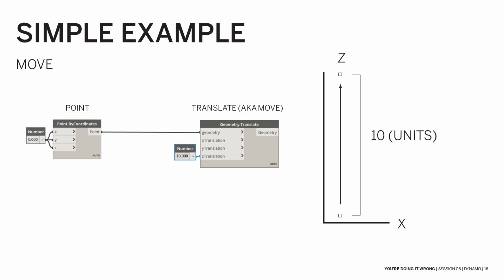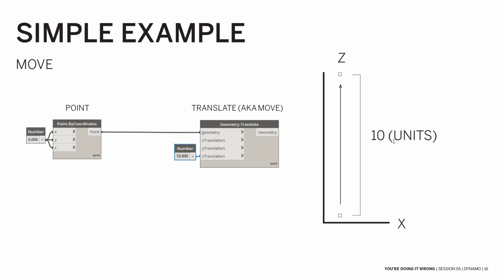So we have our what, which is the point. We have our command, which is translate, aka move. It's asking for geometry, so what am I supposed to move? In which direction? And by how much, right? So I want to move it in the Z direction, which is up by 10 units.